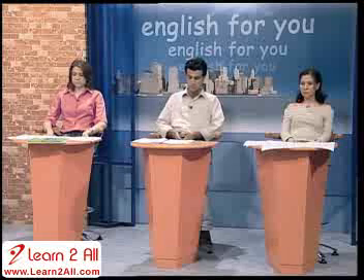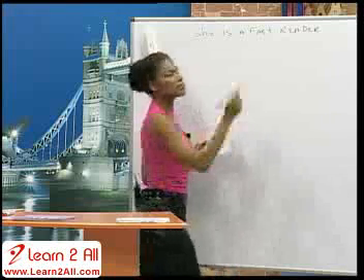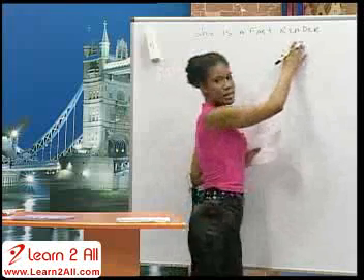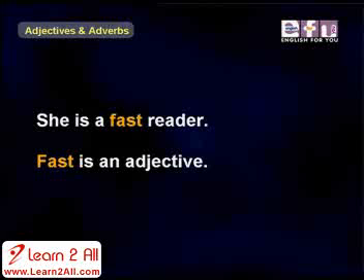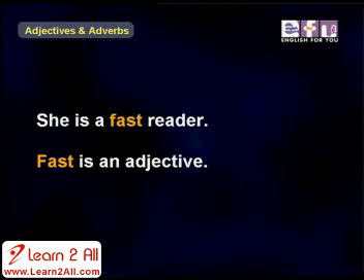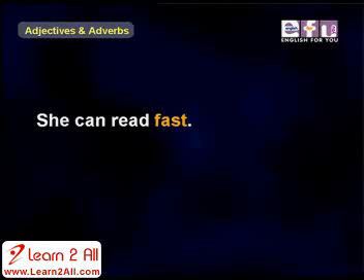Okay, first we have, she is a fast reader. Fast is describing reader, which is a person, right? Not a verb, it's a person, so it's a noun. So that means fast is an adjective. Okay, next example. She can read fast.